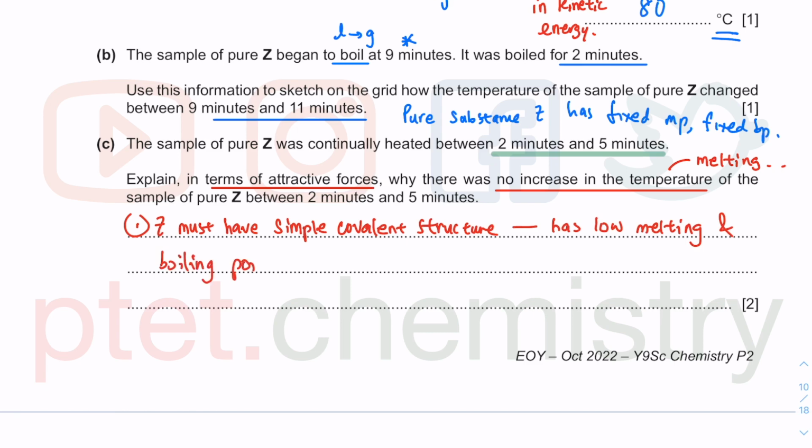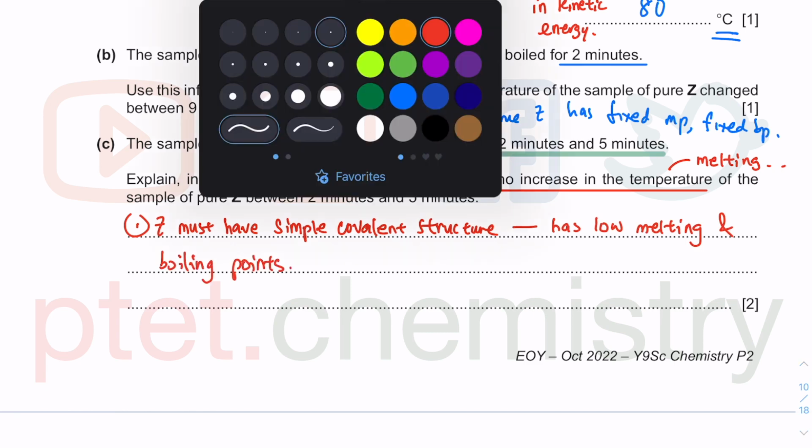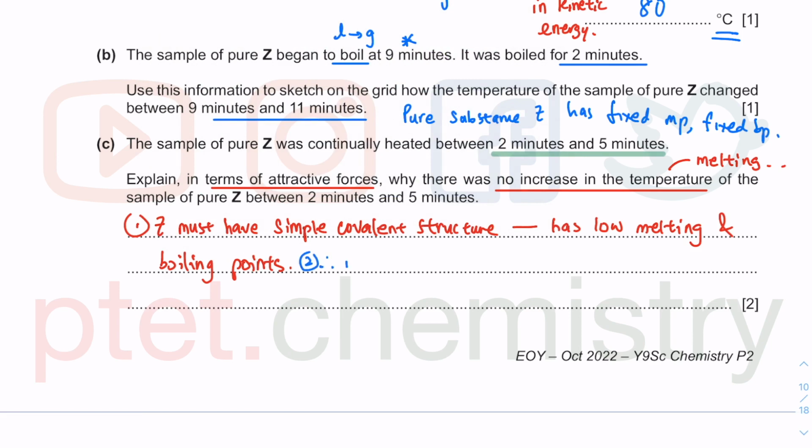So based on the structure, we can talk about the bonding then. So therefore, melting Z between the 2nd and the 5th minute basically only needs very little energy.